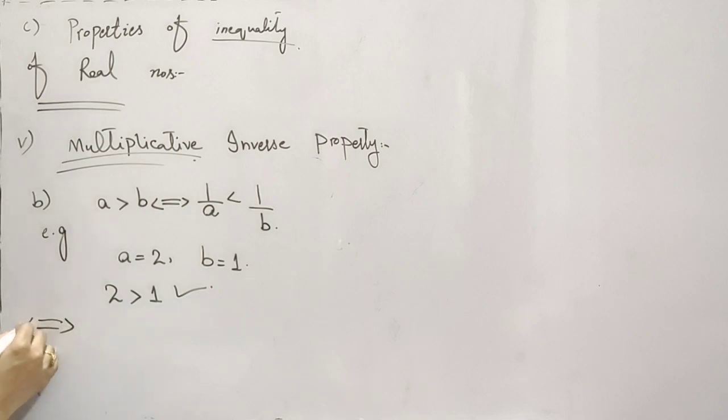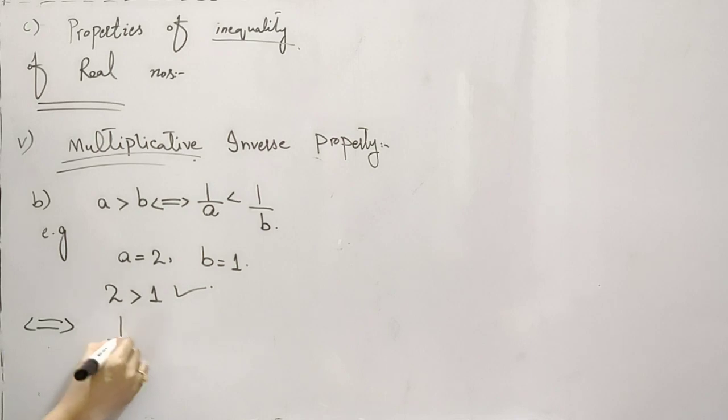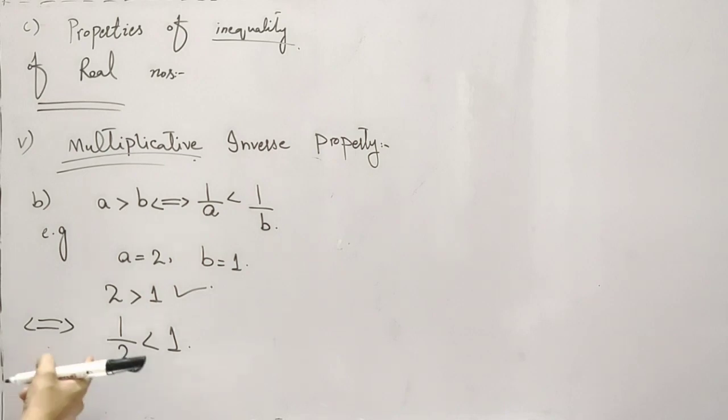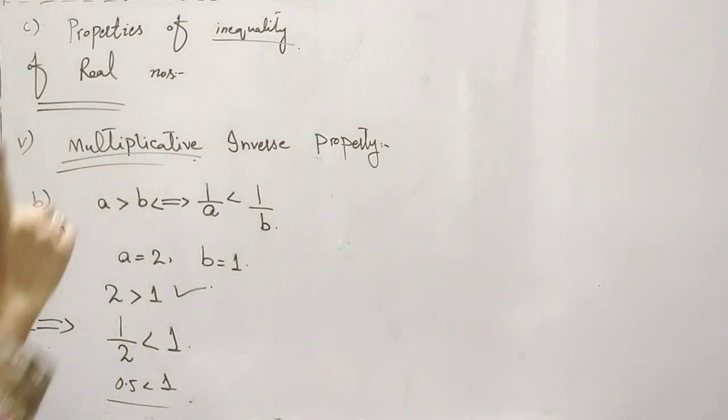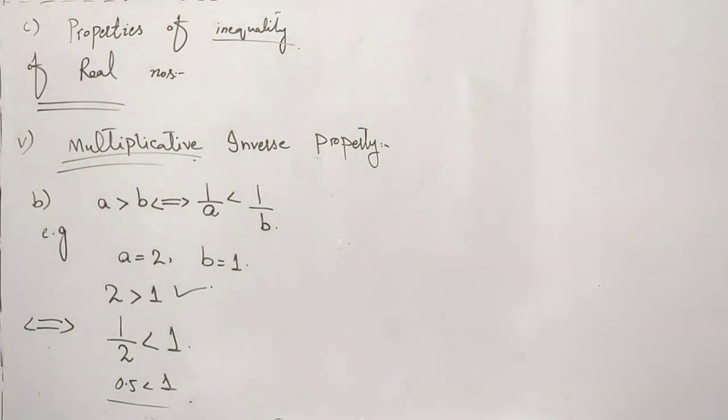Okay, so if 2 is greater than 1, then 1 by 2 is less than 1. This is the same inequality. It means 0.5 is less than 1 and this is true. So these are the properties of the multiplicative inverse property of the inequality of the real numbers.